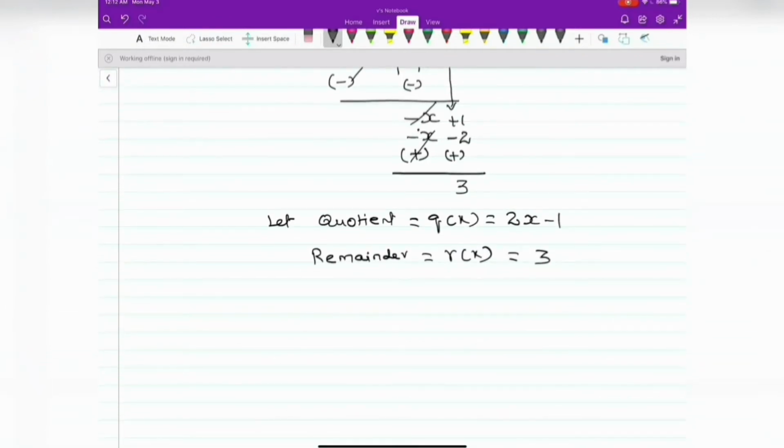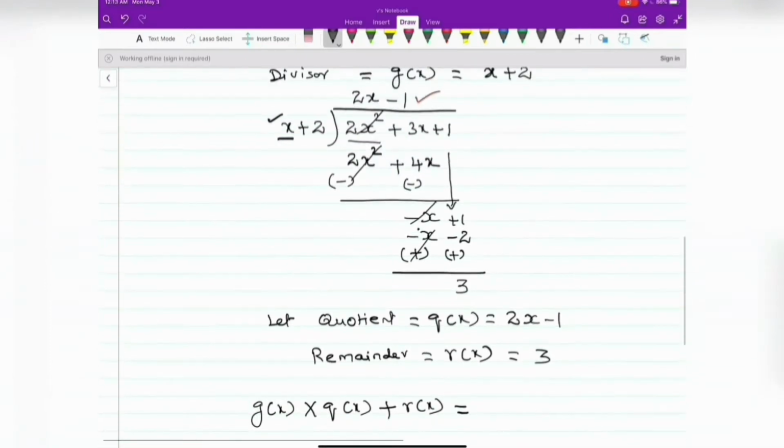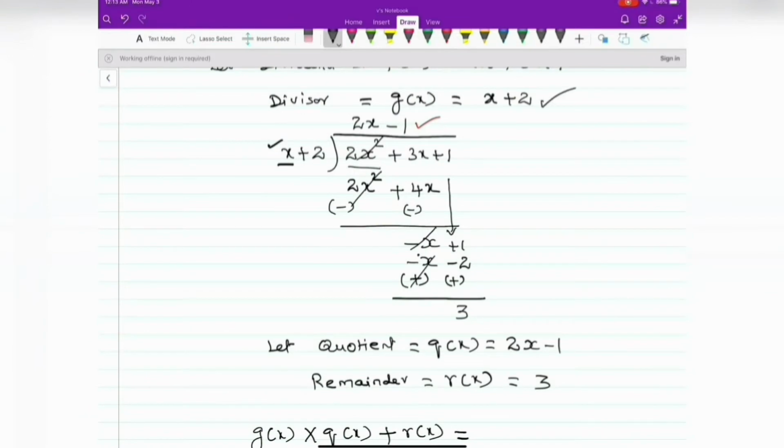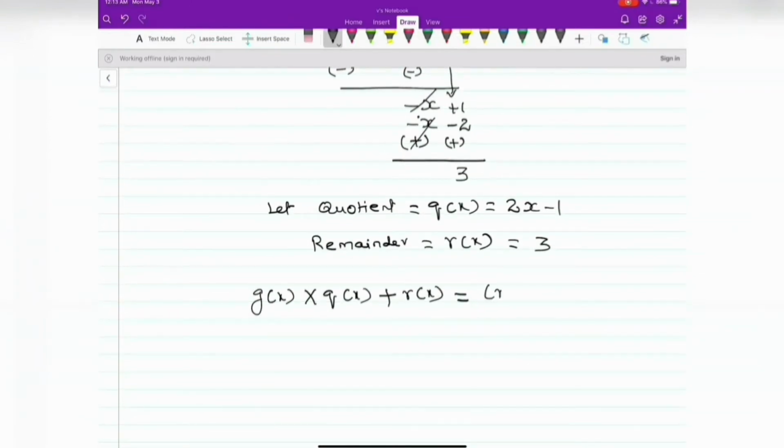Let me verify the rule, that is divisor g of x into quotient plus remainder. I will be getting it as, the divisor is x plus 2. So x plus 2 into quotient 2x minus 1 plus remainder, we got it as 3.